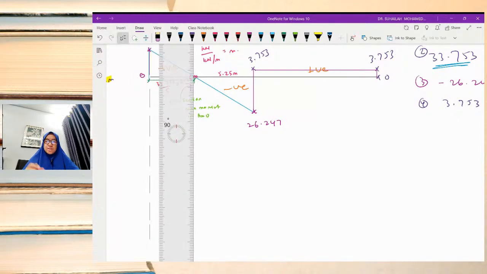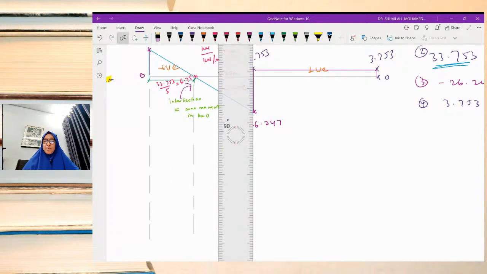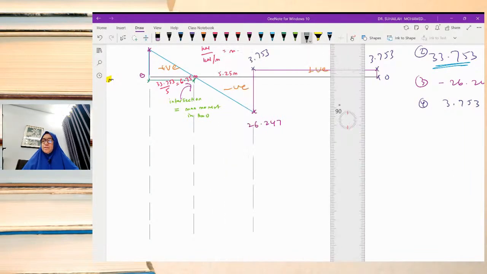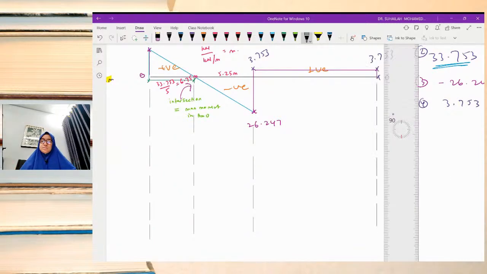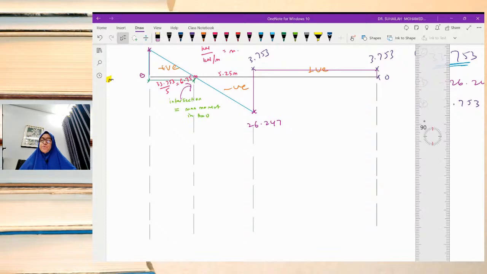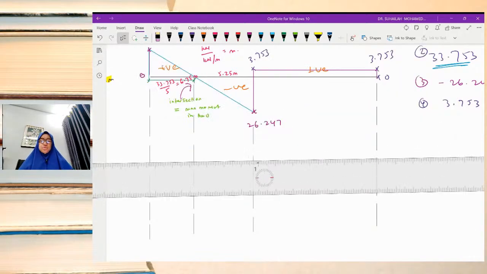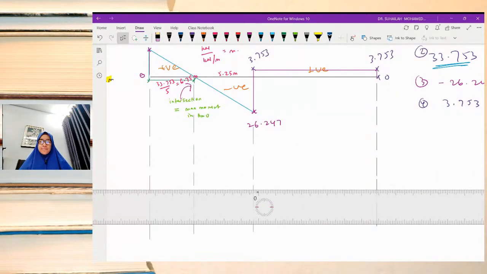Then the intersection. Okay, then at position B, then at position C. Okay, so now draw a horizontal line.